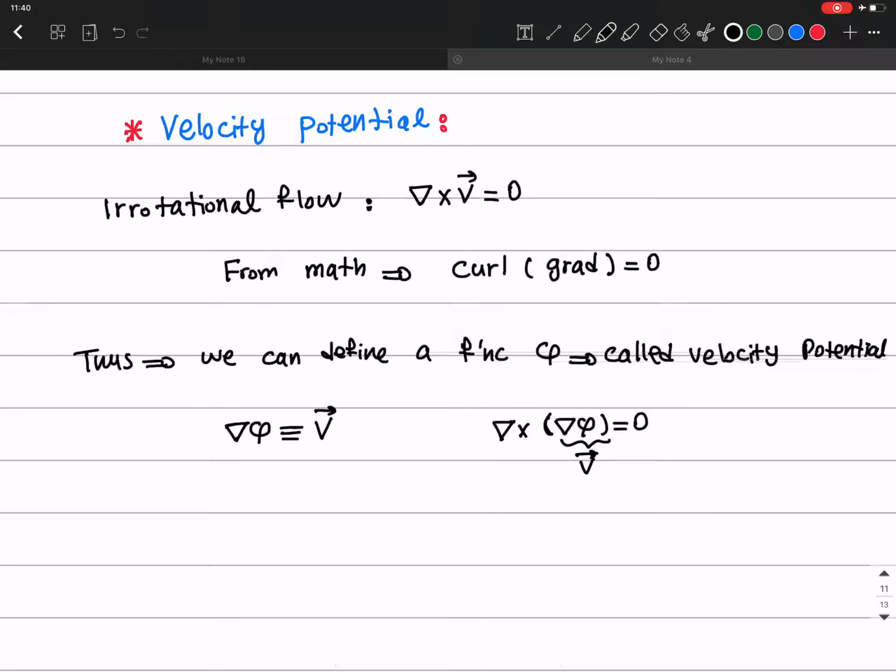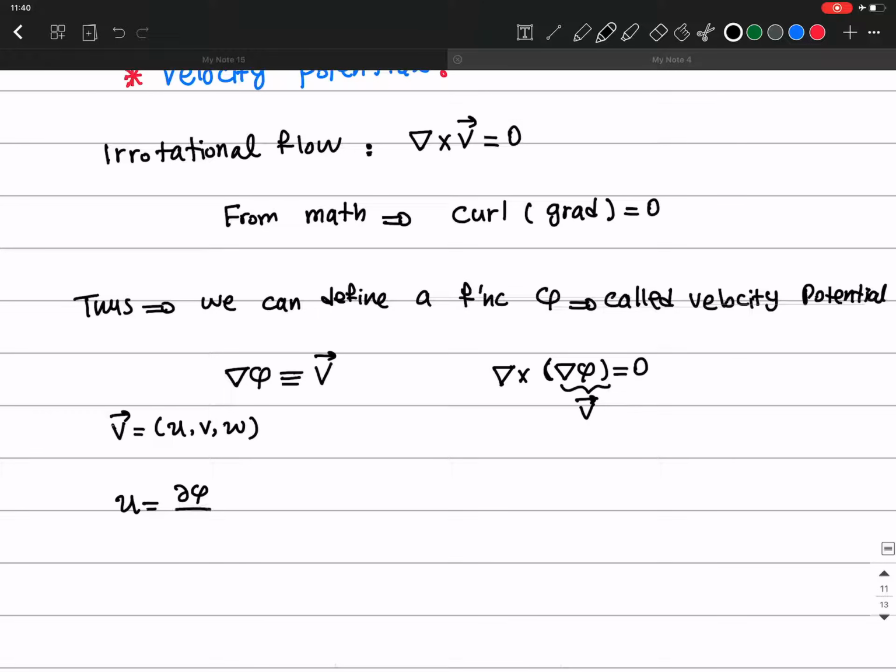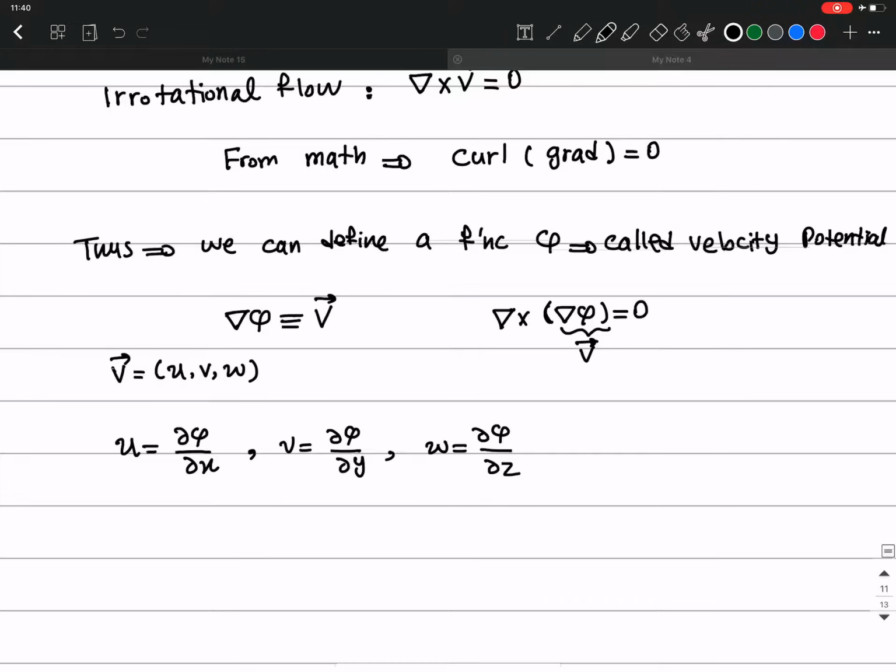Let's see what the different components are. If the velocity vector has components u, v, and w, we can define u as partial phi over partial x, v as partial phi over partial y, and w as partial phi over partial z.